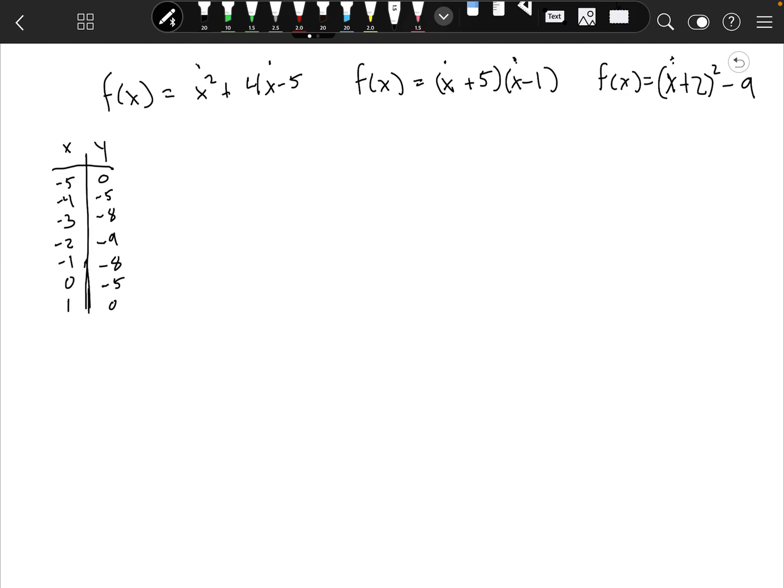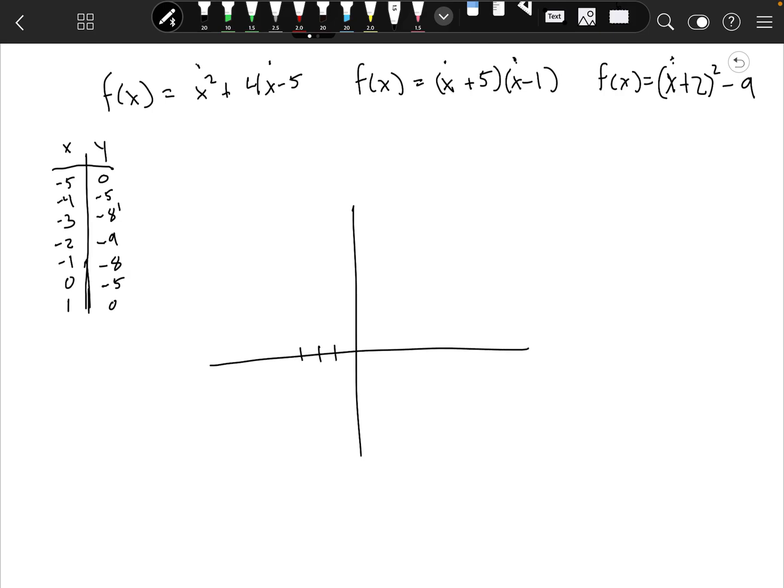Okay, so from this table you can kind of see a pattern here. We're decreasing all the way down to -9, and then we start increasing again. So let's go ahead and make a little graph.